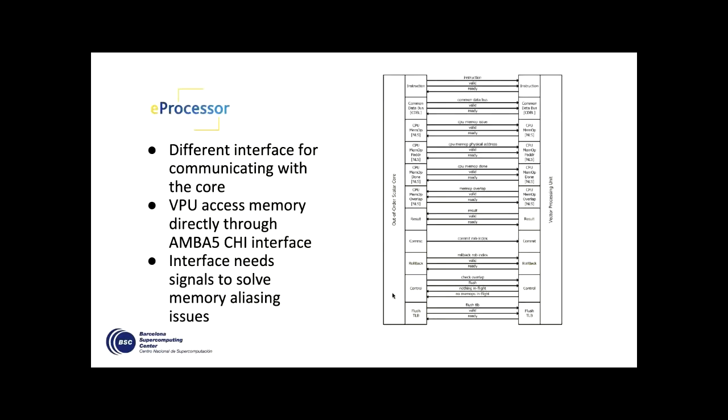So here's an image of the previous verification environment that we had for verifying the VPU for the first version of EPI. Here we can see that the environment is implemented using UVM, and it has a different agent for every channel of the interface.